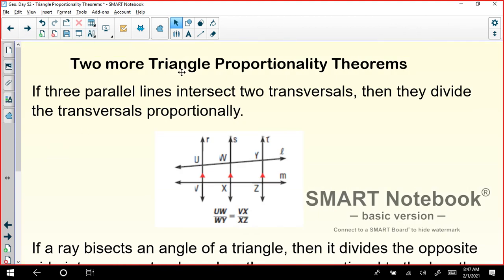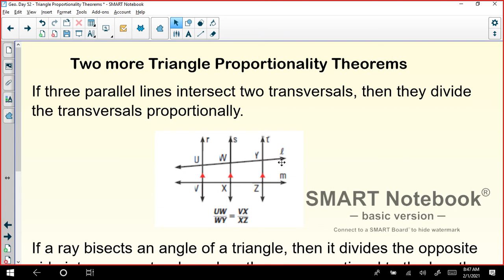Two more triangle proportionality theorems. These are also called triangle proportionality theorems. Those were the first triangle proportionality theorem. This is also a triangle proportionality theorem. So let's see this particular theorem. If we have three parallel lines that intersect two transversals, I have three parallel lines, parallel line R, parallel line S, and parallel line T. They are indicated with red arrows.